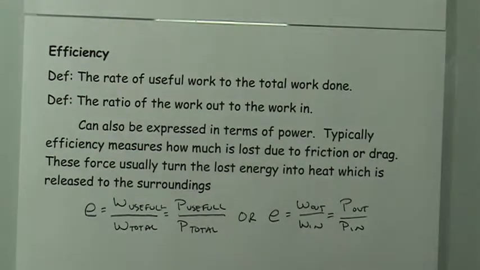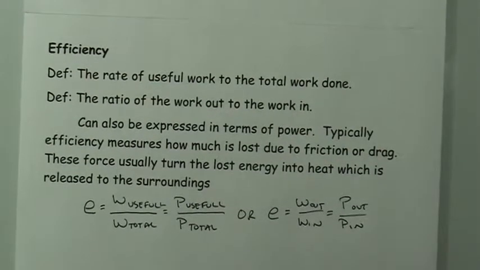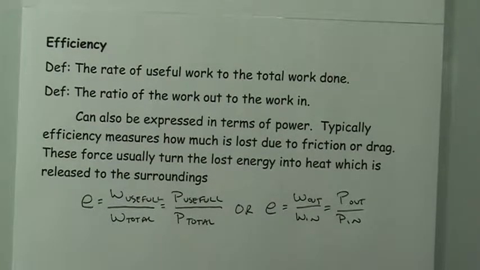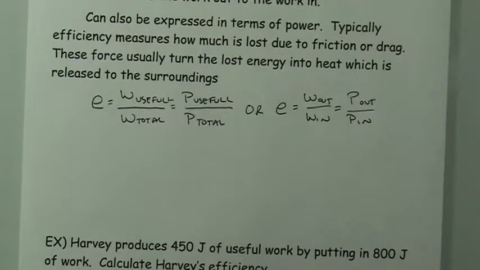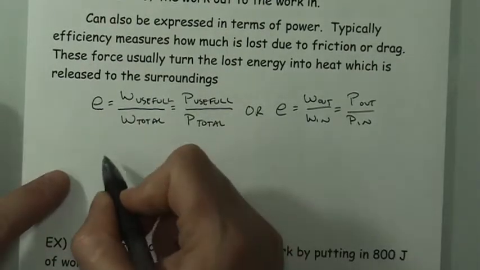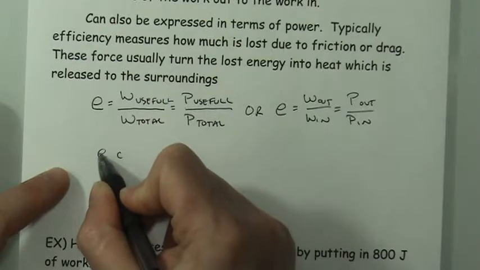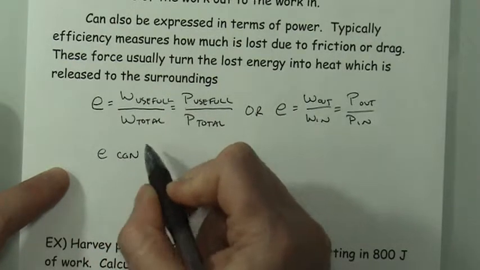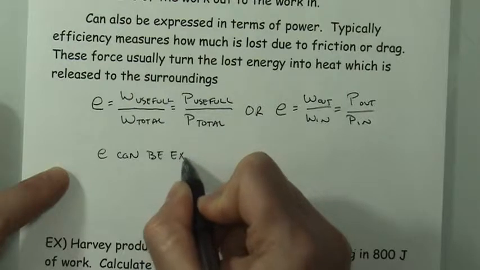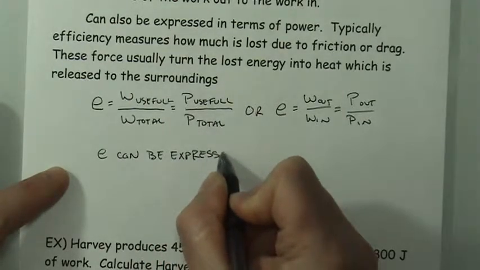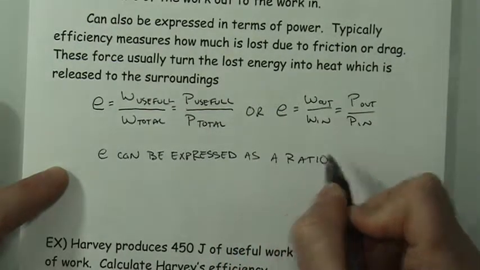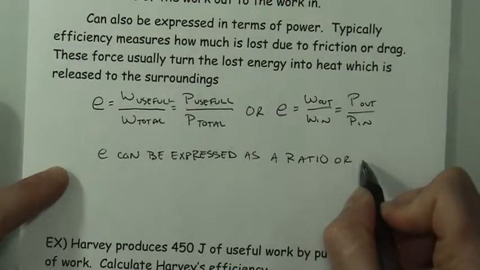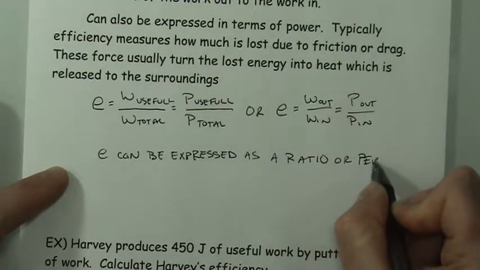Okay, it can actually be expressed in two ways. So really in a useful sense, it would be better to just simply use it as a ratio, because as a ratio, it's ready for you to use to do mathematical calculations with. Whereas with a percentage, you have to turn it back into a ratio in order to be able to do any math with it. So e can be expressed as a ratio, probably the more useful way of doing it, or a percent.